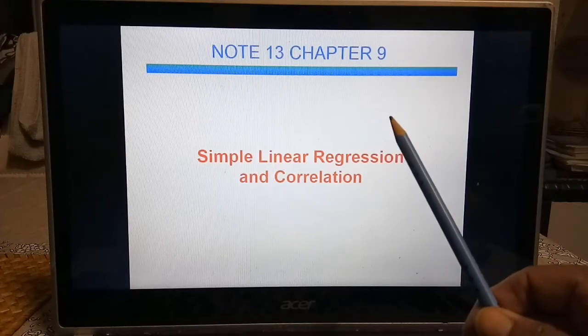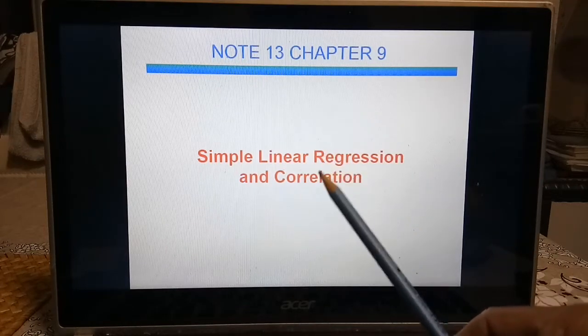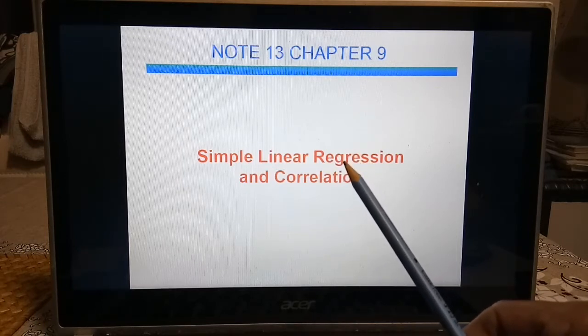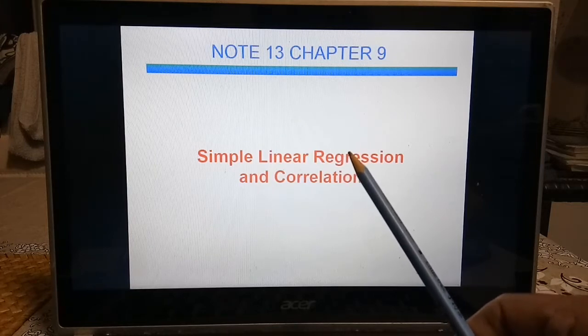Okay, in chapter 9, it's about simple linear regression and correlations. So now in this topic we will learn about the relationship between variables.